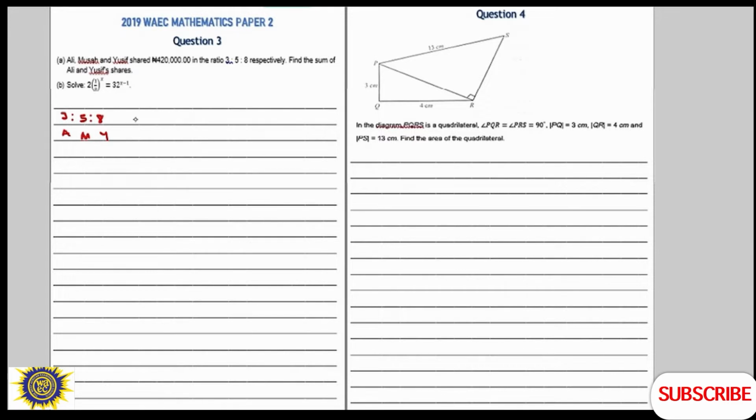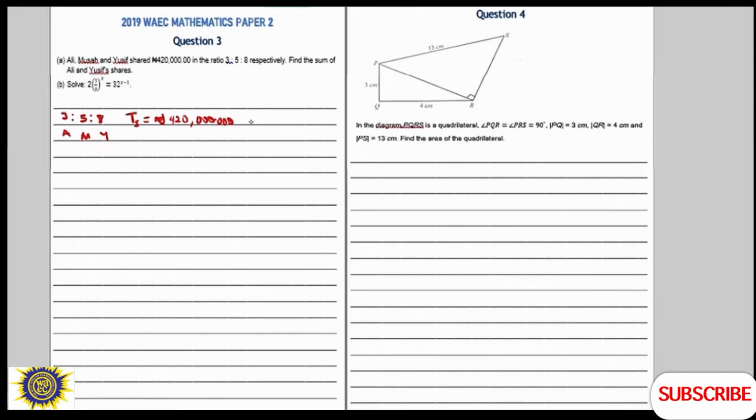Then the total amount shared by these three people, the total sum of money shared among them, is 420,000 naira.